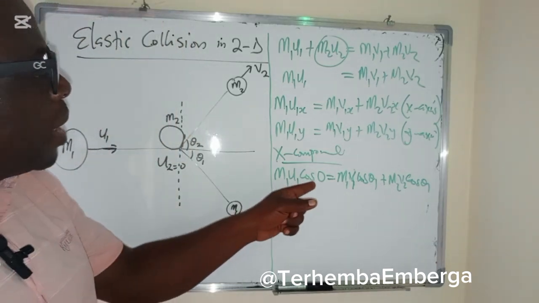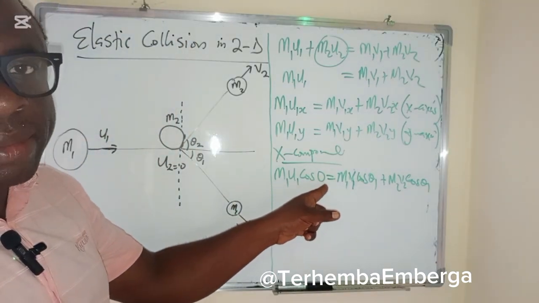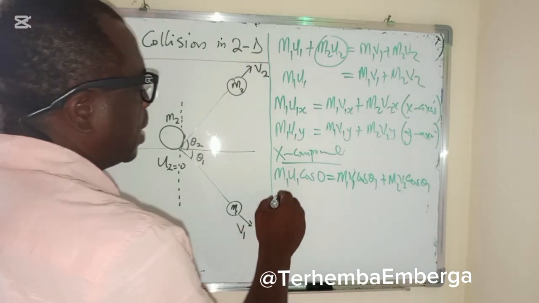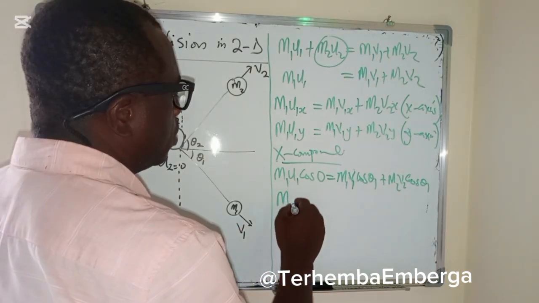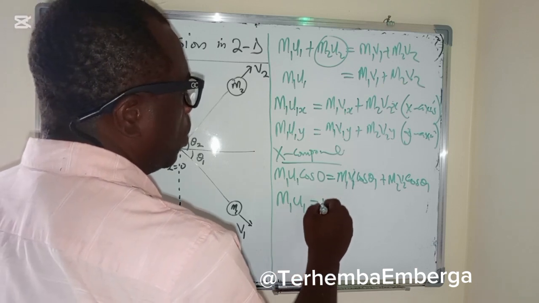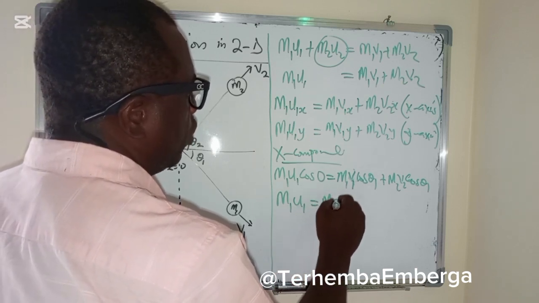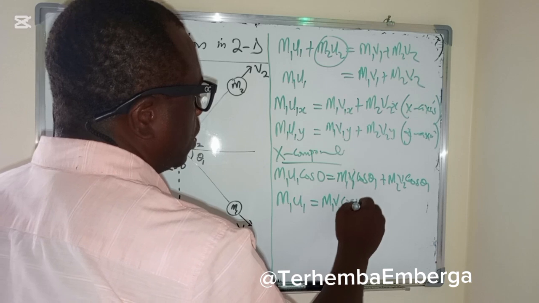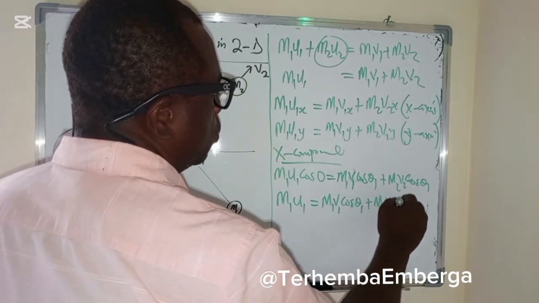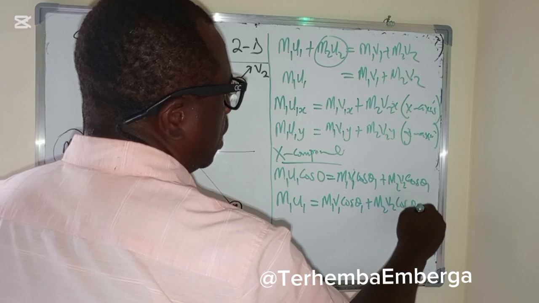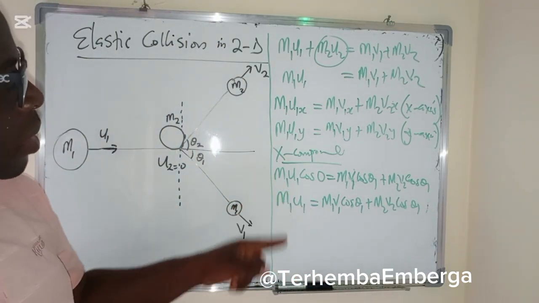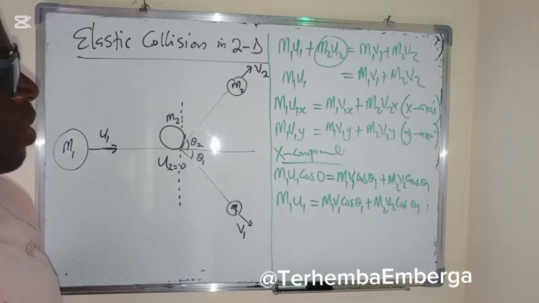But of course, cos 0 is 1, so we can write this as m1 u1 equal to m1 v1 cos θ1 plus m2 v2 cos θ2. So we'll now have this.